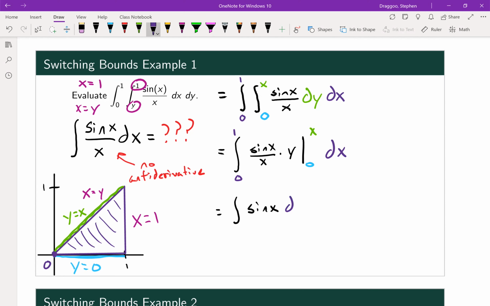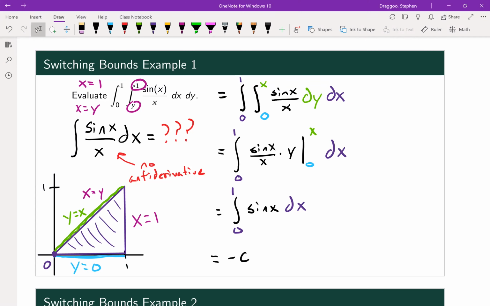Then we do this integral dx from 0 to 1. And this integration is much easier than the one that we had before. Because the one that we had before, when we had to integrate sine x over x dx, was not something that we know how to do. But this one is much easier. The integral of sine x is negative cosine.